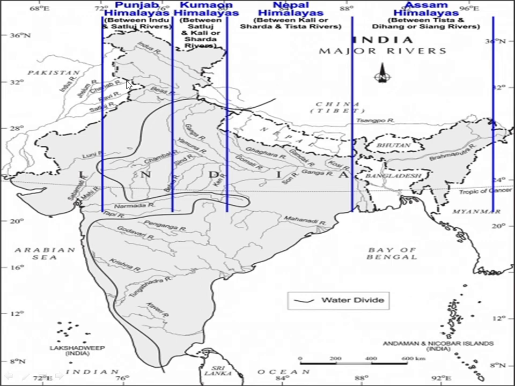In the textbook it is also given as Kashmir Punjab Himalayas. Between Sutlej and Kali we have the Kumaun Himalayas. Between Kali and Tista we have the central part of the Himalayas, the Nepal Himalayas. Between Tista and Dihang we have the Assam Himalayas. So these were the different longitudinal divisions of the Himalayas.